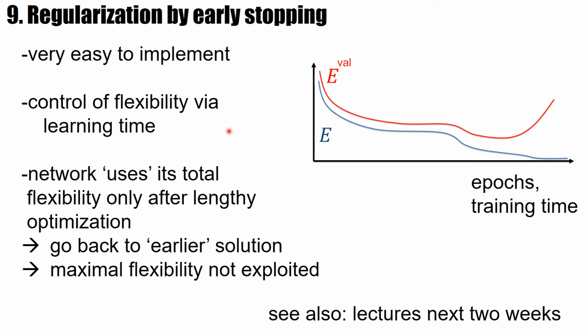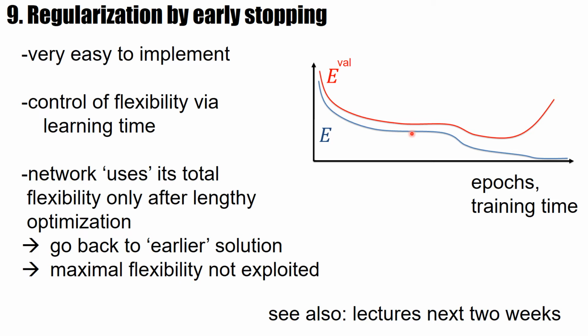The idea is that the network exploits the total flexibility only after some lengthy optimization. Basically, we initialize the network with small weights. At the beginning, it's close to a linear transformation, and only during the long training time, the weights grow big enough that the network exploits its flexibility, that the network can implement these very flexible separating surfaces.